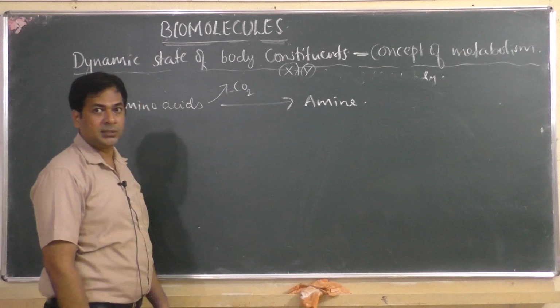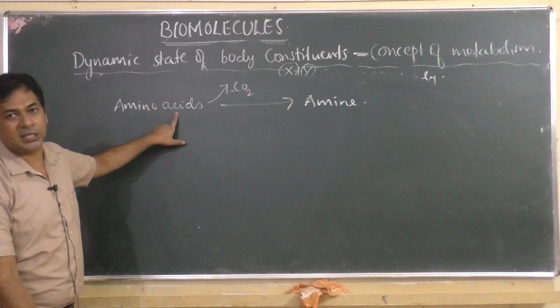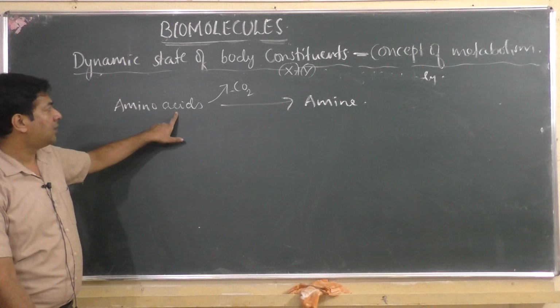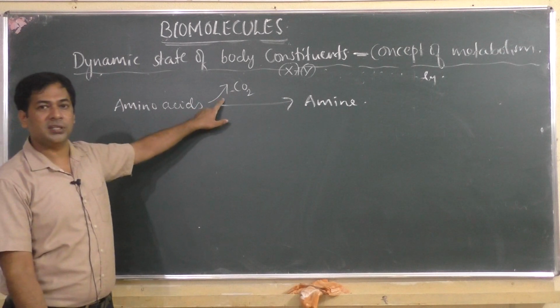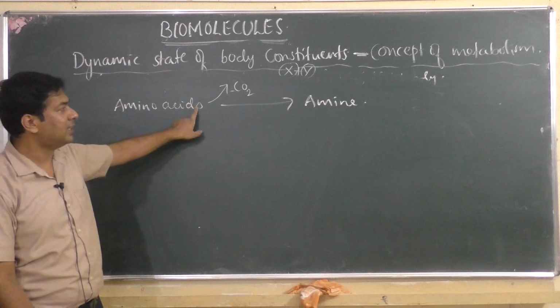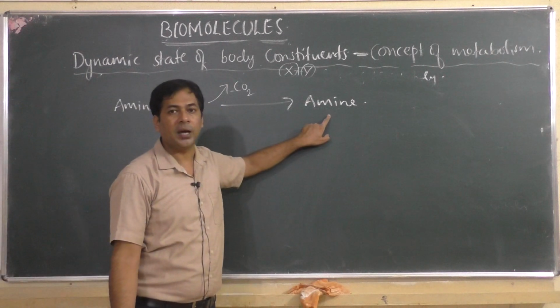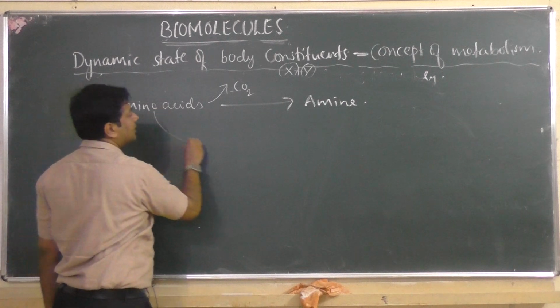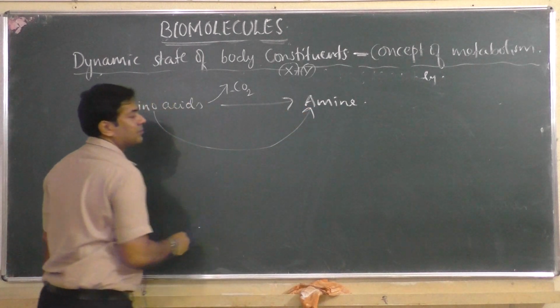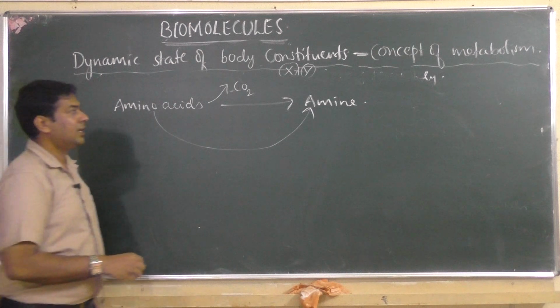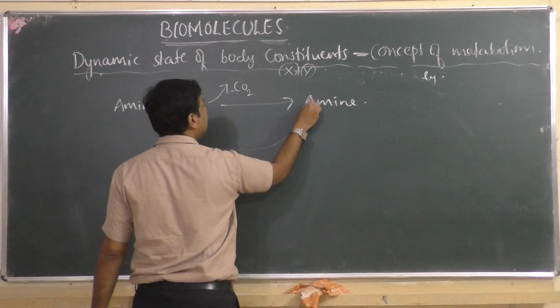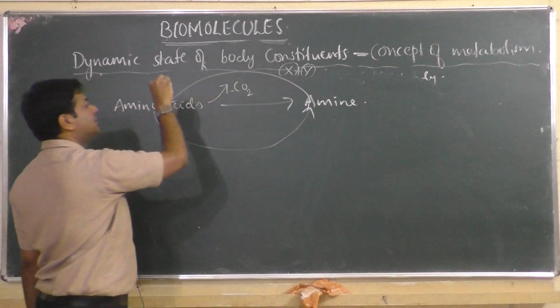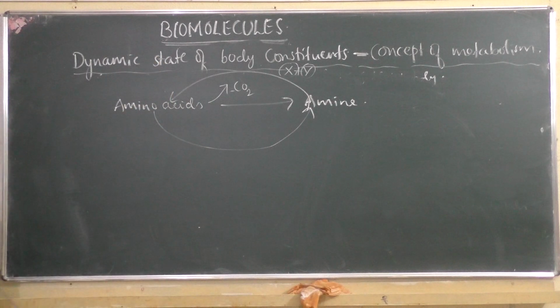That means amino acids are one type of biomolecule. When carbon dioxide is removed from an amino acid, it is converted to an amine. This is what we were talking about: one biomolecule transforms to another biomolecule. When carbon dioxide is added, this can again become this. That is what we are talking about.